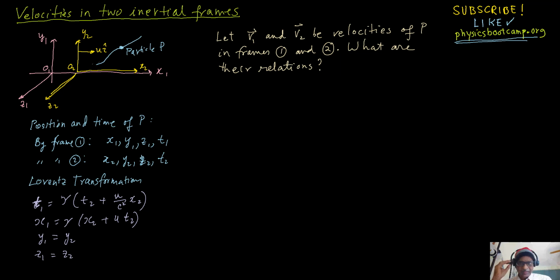So today we have a theoretical question which, given this situation where you have two frames, they overlap completely, and at that time T is 0 in both frames.